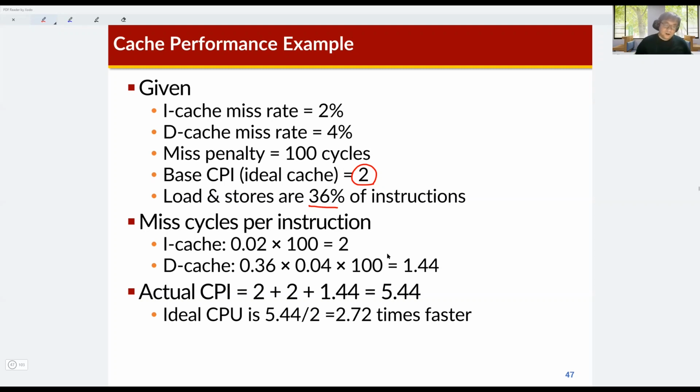So how can you calculate the wasted cycles by instruction cache misses? It's 2% and the miss penalty is 100, so the wasted cycles are 2 cycles. How about the data cache?